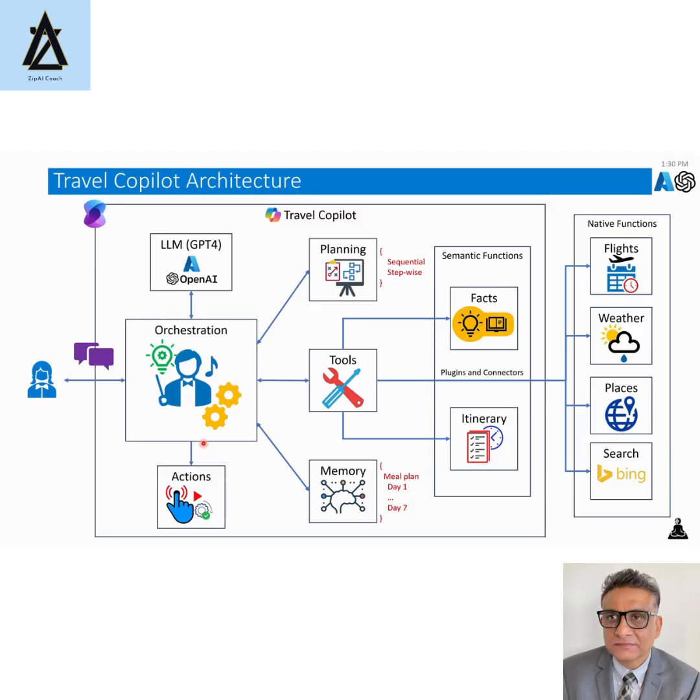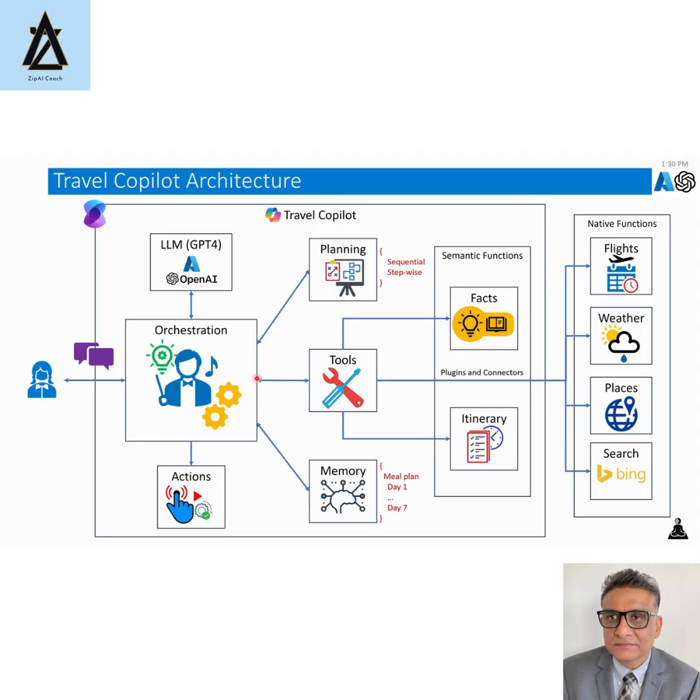This is the agent which can perform actions. It makes use of a large language model like OpenAI GPT-4, performs planning, it has memory, and this is the most important thing: the capability of the agent is due to the access to the tools it has.